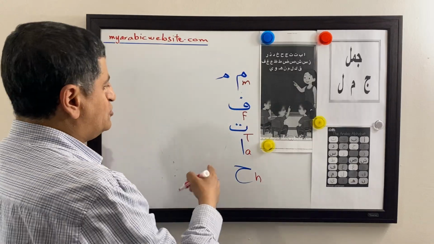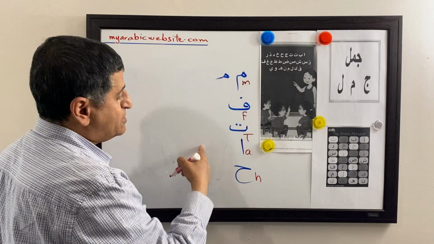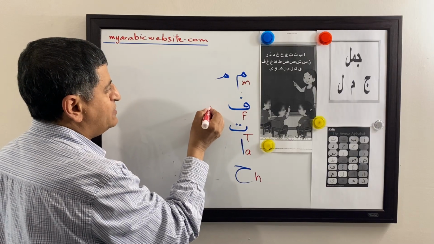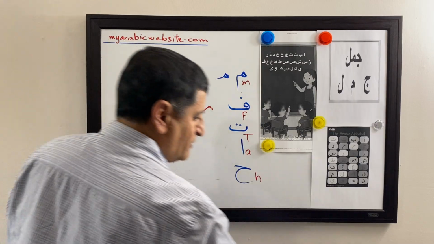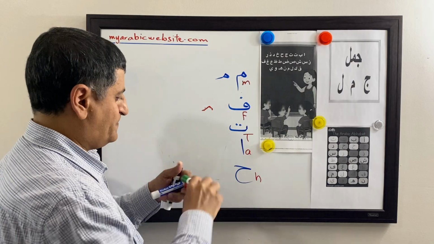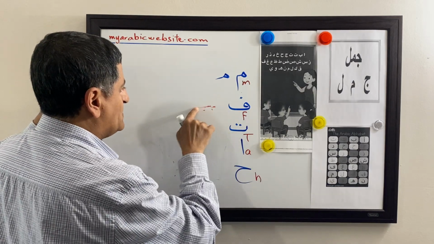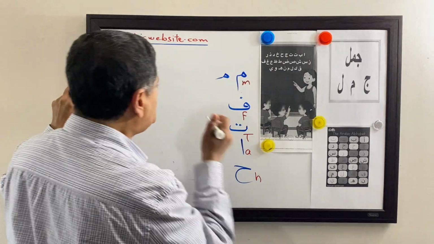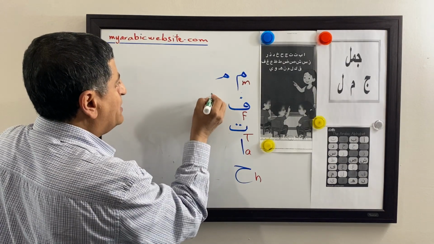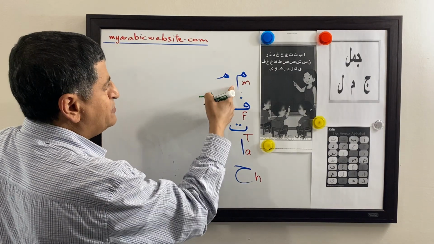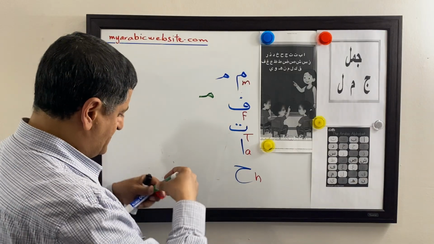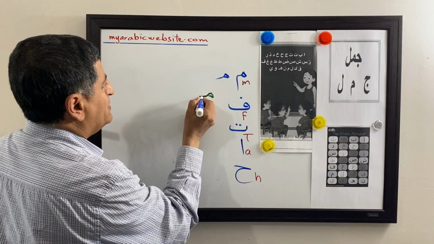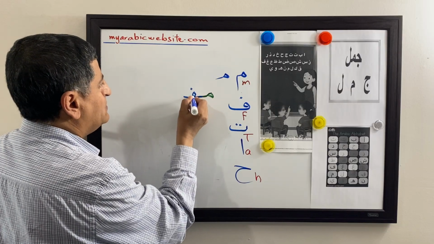Okay. So let's make a word from this. So meem is gonna be this way in the beginning of the word. Come on, red color. I'll use the green one. Okay, so meem this way in the beginning of the word. Then fa, this one in the middle like that. Okay.